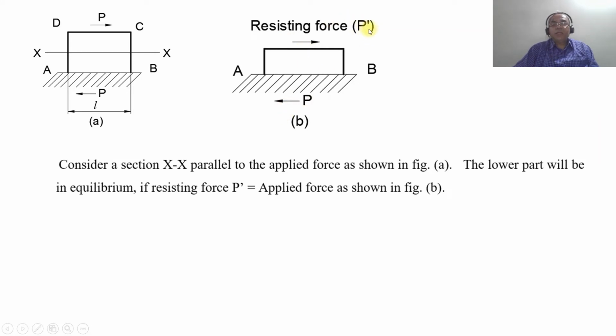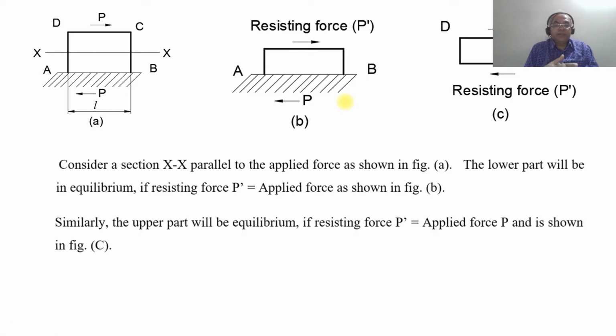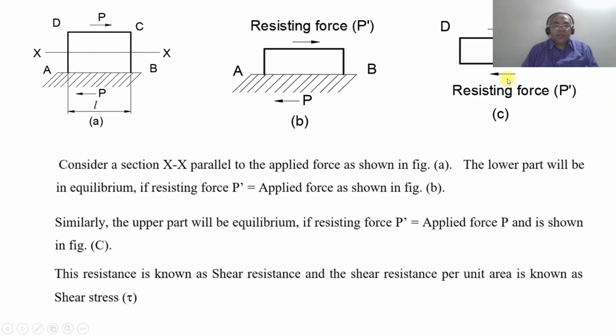We're going to consider that as P dash, and it acts in the opposite direction. Therefore, the resisting force P dash will be equal to the applied force P, as shown in figure B. Similarly, if you consider the section on the top surface, the upper part will be in equilibrium if the resisting force P dash is equal to the applied force P, as shown in figure C.